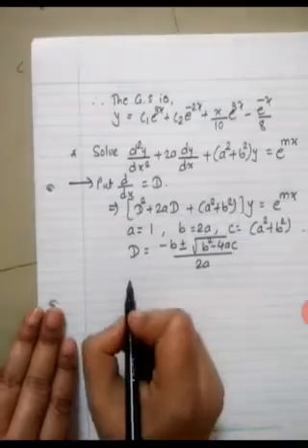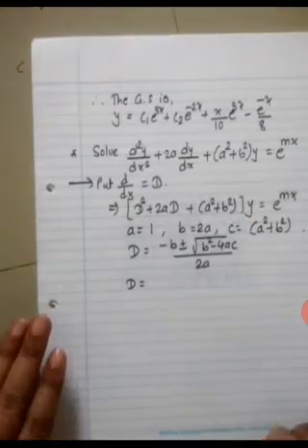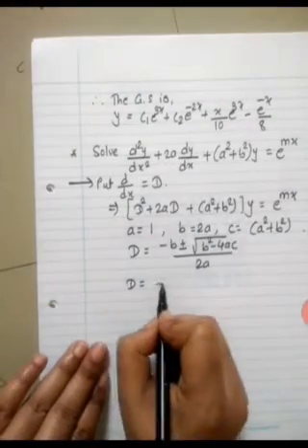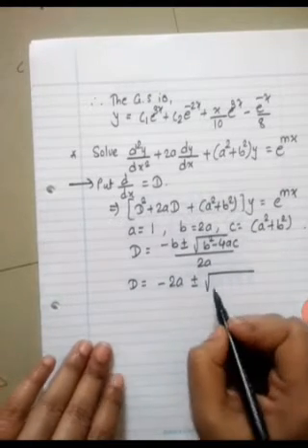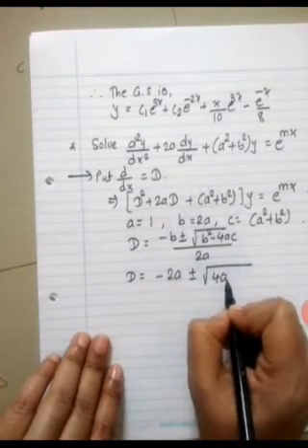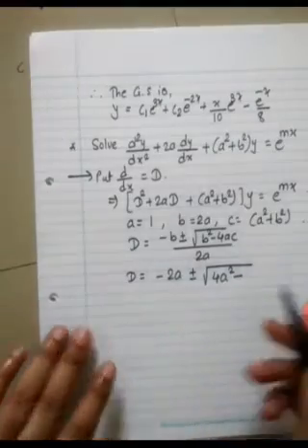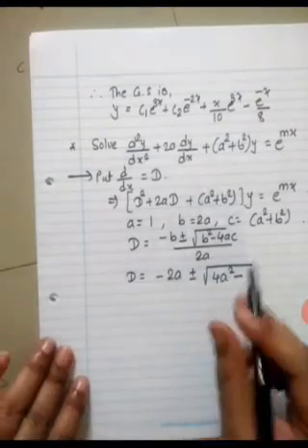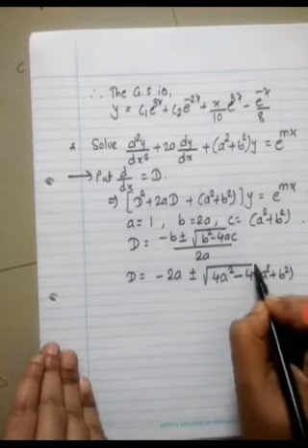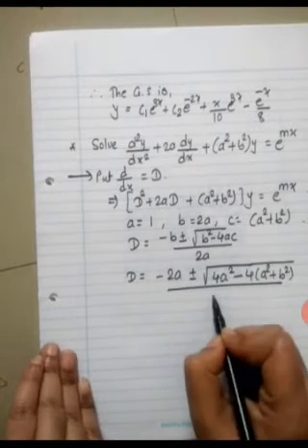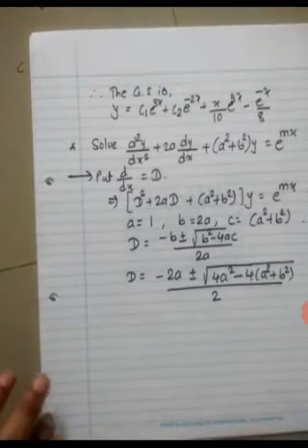Right? That is D is equal to minus 2A plus minus root 2A square, that is 4A square, minus 4AC, 4 into A square plus B square, upon 2A, A is 1.